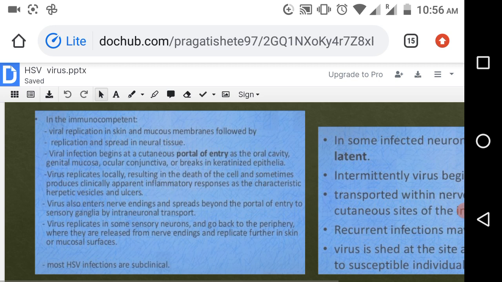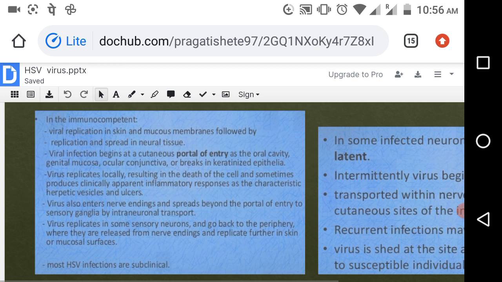Now the viral infection will begin at the cutaneous site, and now it will come to its actual site where it will show the symptoms, such as the oral cavity or genital mucosa, depending on type 1 or type 2. Oral cavity, genital mucosa, ocular conjunctiva, or breaks in the keratinized epithelia.